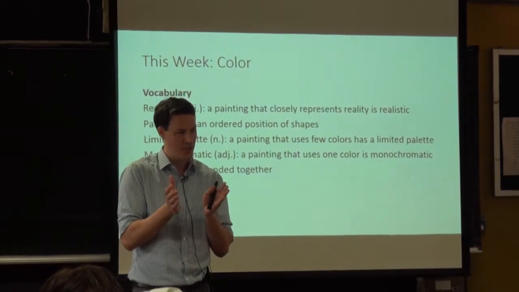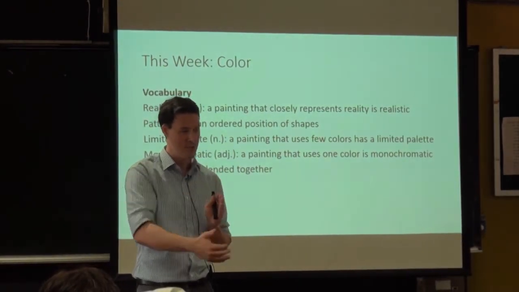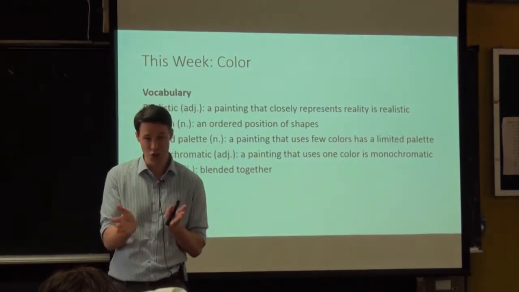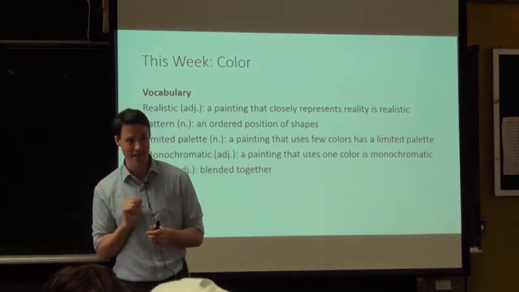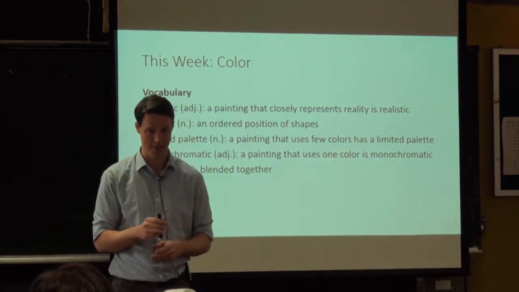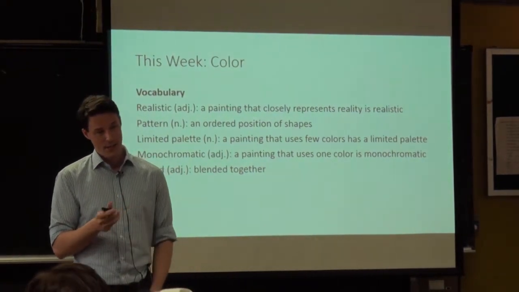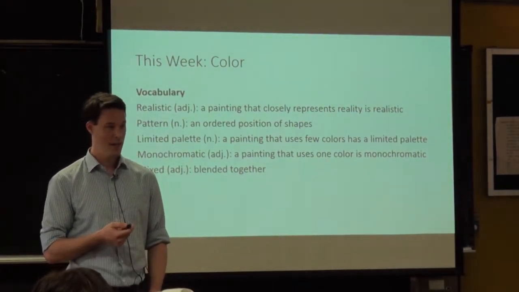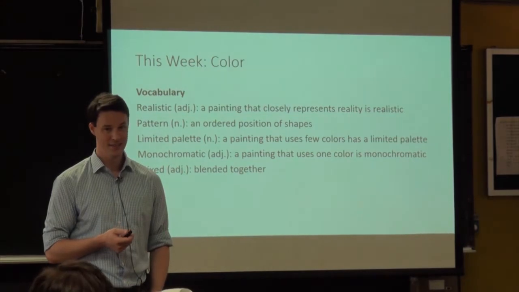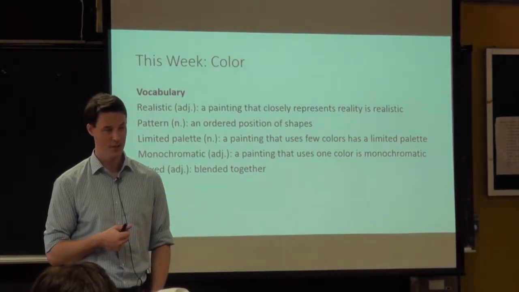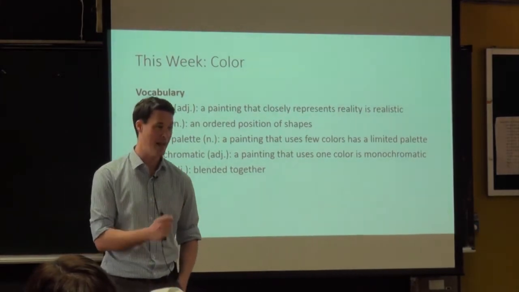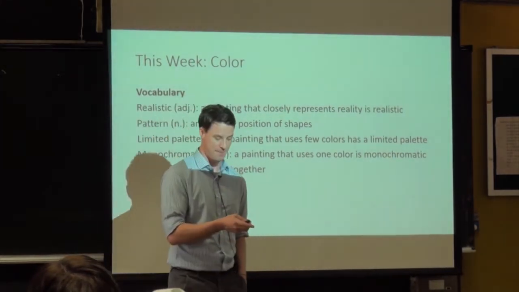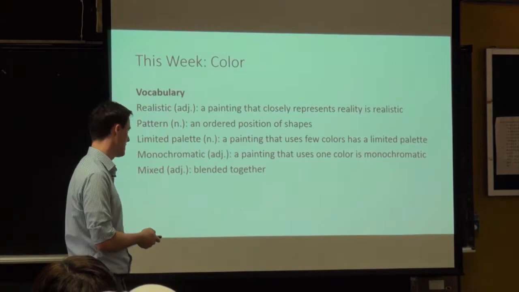So painters also tried to represent reality, and they used photographs to help them paint things very realistically. But later, by about World War I, early 1900s, a lot of paintings were much more abstract. I'll give you some examples of this.